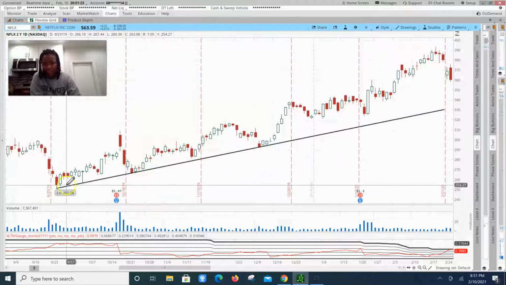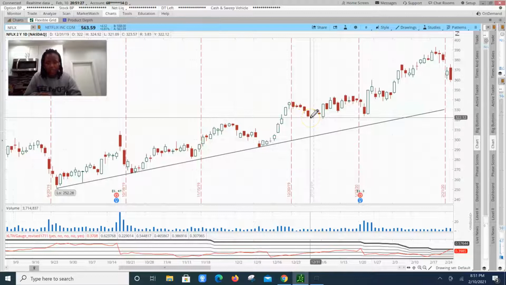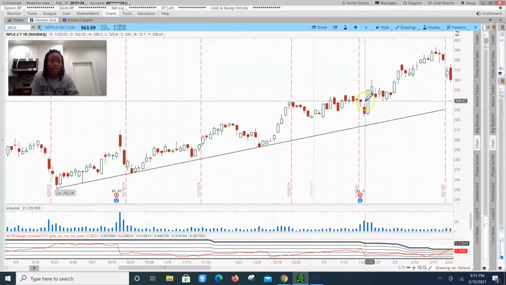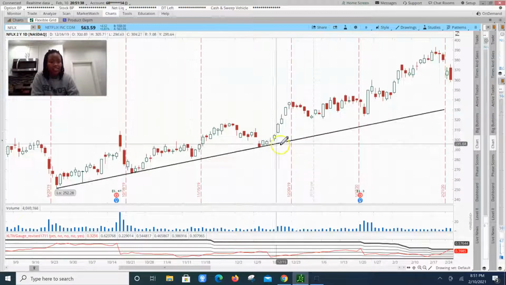That's the theory of it. And if you're looking, that is what's happening. It's like it's climbing stairs or going over a hill. As long as it continues moving up this hill, then it is still in an uptrend.